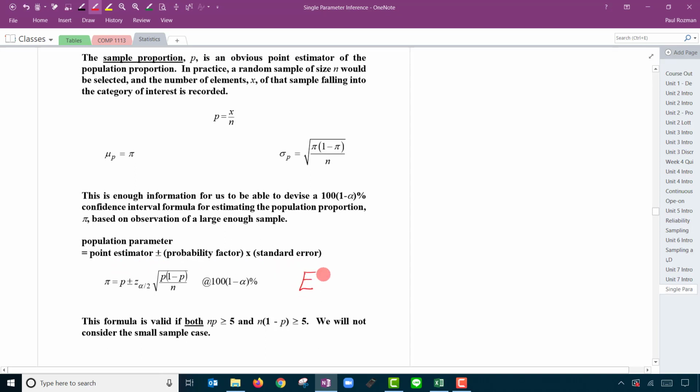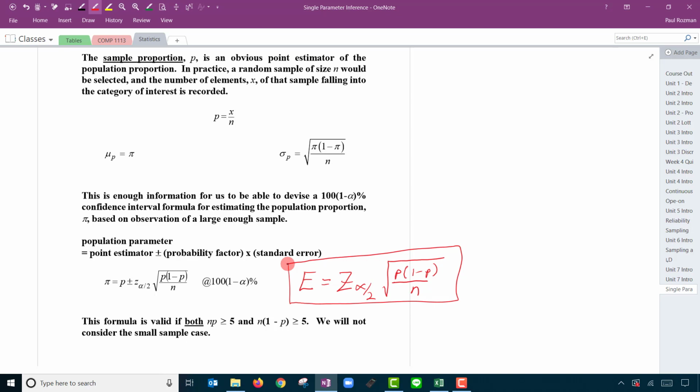So in this case, our error will be some critical z-score, z subscript alpha over 2, multiplied by the standard error, which, notice above, we had pi in the theoretical form. Well, we don't know what pi is, so we'll have to estimate that with p. So this is our error formula for determining a confidence interval for the population proportion.